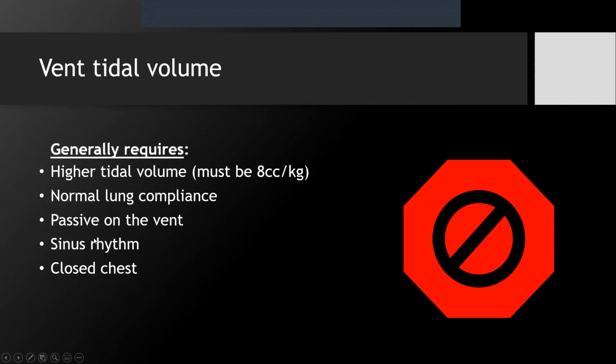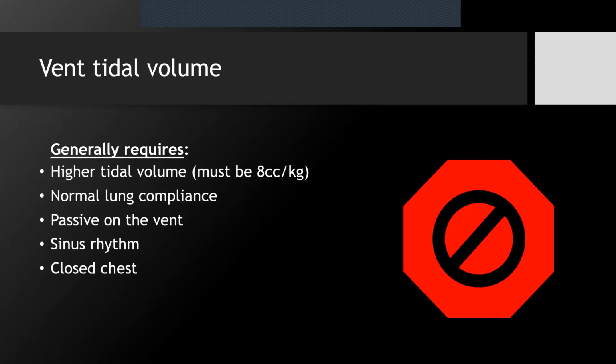Sinus rhythm. In the interest of time, instead of asking, I'll just explain that you need to be in sinus rhythm, because if you're not in sinus rhythm, then with every beat, you'll have different filling. One beat will have more filling time and therefore will have a higher stroke volume. The next beat will have less filling time, and will have less of a stroke volume. And if at the same time you're also on a respiratory rate and you're trying to assess the changes in response to a tidal volume or no tidal volume, you'll never be able to synchronize that.